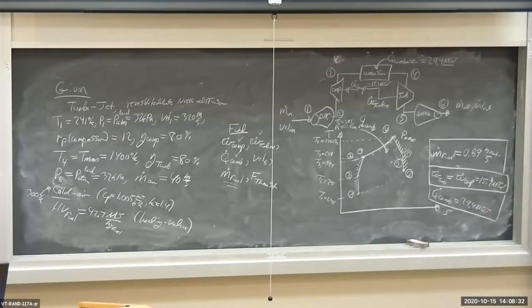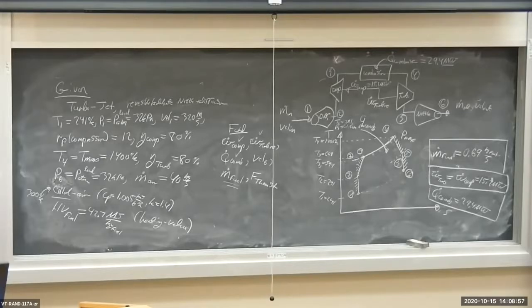So 5 to 6 is isentropic. So that means T6 over T5 is equal to (P6 over P5) to the power (K minus 1) over K, from the isentropic property relationship.